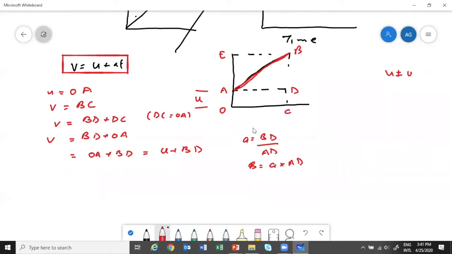And AD is T. So BD equal to AT. So you can put U plus AT, and this is V. V is the final velocity, right? BC.